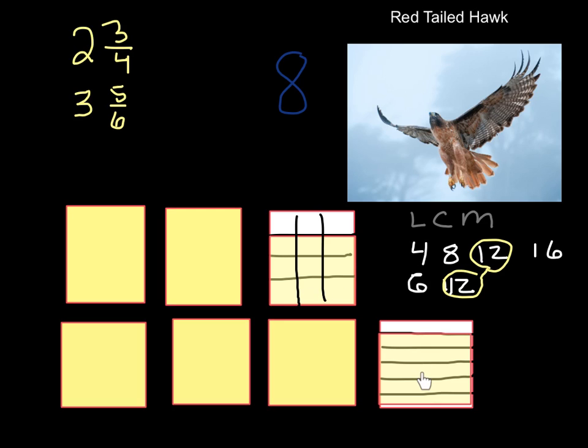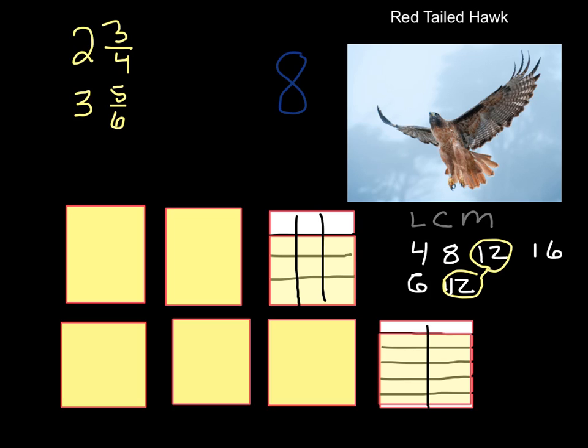Now this one, I've got to cut into 12ths as well, so they have the same size boxes, right? But since these are in 6, I only have to cut it into 2 parts. So 2 parts means I draw 1 line right down the center there. And now I should have 12: 1, 2, 3, 4, 5, 6, 7, 8, 9, 10, 11, 12. So indeed, I have 12 parts.